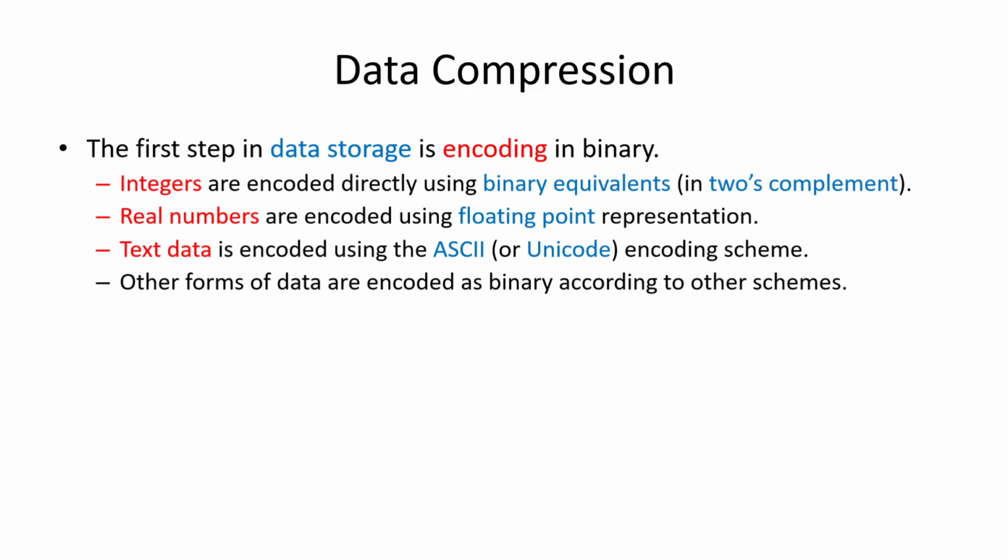Even integers aren't simply encoded as just their binary equivalents. For the negative integers, we have to deal with how we handle the sign. And once we introduce the idea of 2's complement for negative integers, we've also implied a bit width for our integers. That is, we only allow integers to have a specific number of bits.